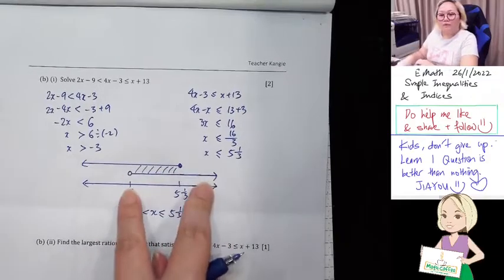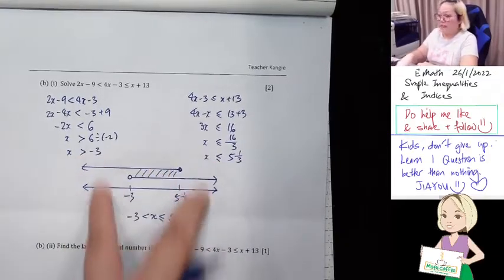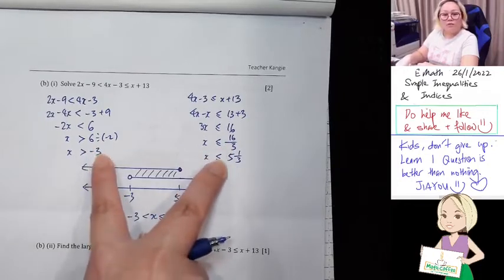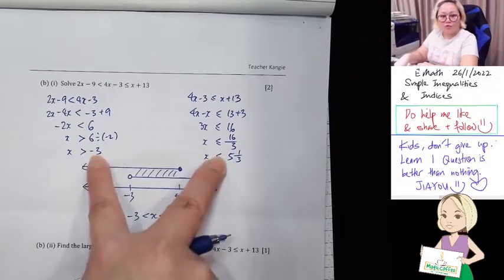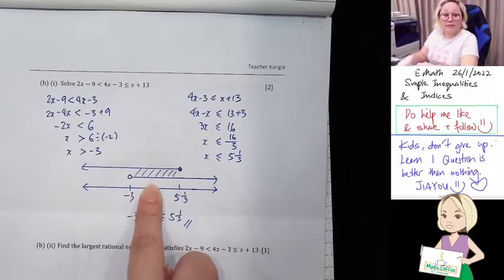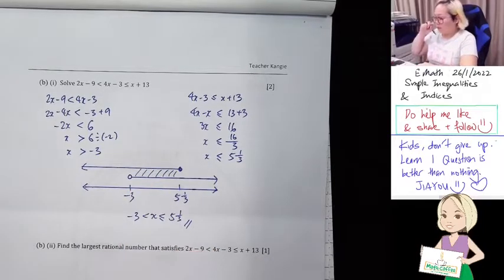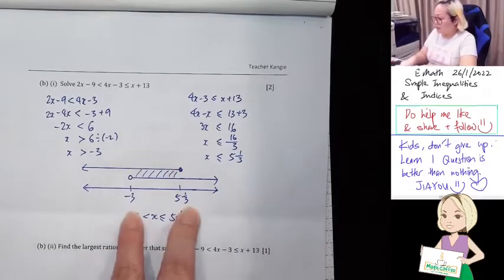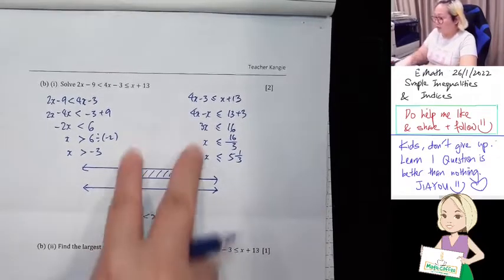This one is working, because I want to know what is the common region between these two ranges. So we draw this just to see what is the overlapping area. Then after that, this is my final answer. You understand? So this range, can someone tell me what is the largest rational number here?